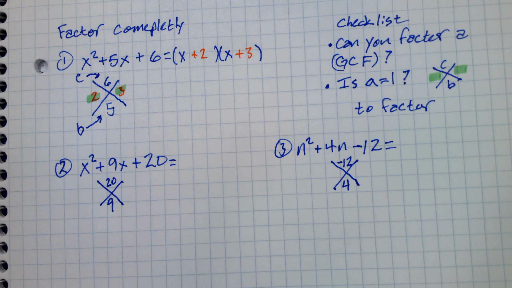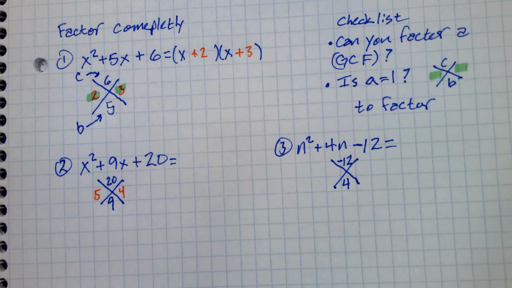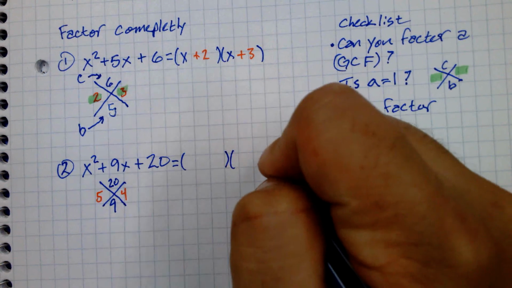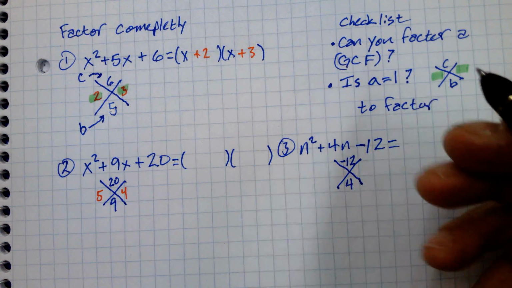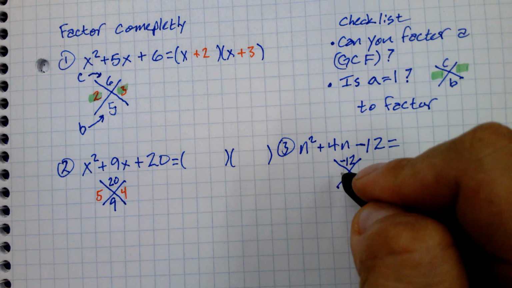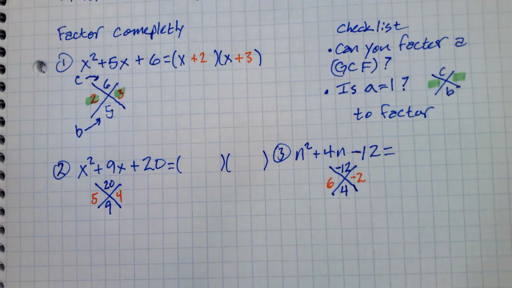All right. So let's see here. What two numbers multiply to 20 that add up to 9? Okay, so figure out what your two binomials are here. What two numbers multiply to -12 that add up to 4? What is it? 6 and negative 2. And it has to be the 6 is positive and the negative 2, because that's the only way you get positive 4.